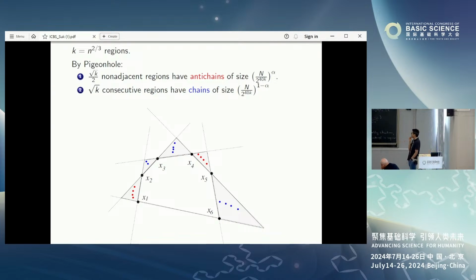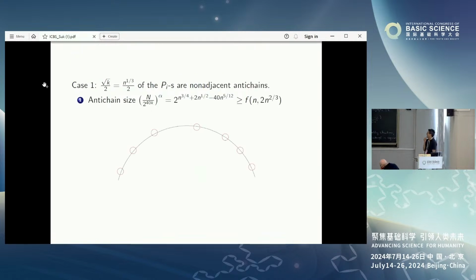Consecutive regions with and the one. So therefore, you could just trace it. The triangular regions here, and the anti into the alpha.